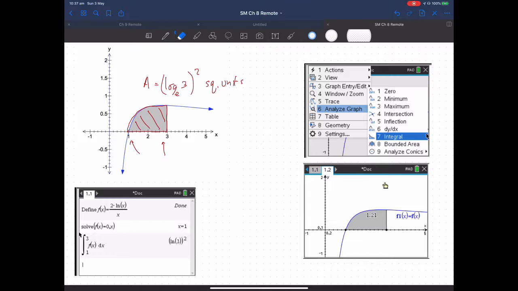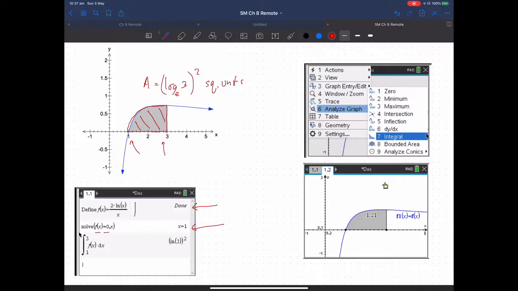You could have done this in a number of ways involving your calculator. So one way I have done it was I defined the function f(x). f(x) equals 2 times log e of x over x. Enter, done. I have then asked the calculator to solve when f(x) is equal to 0 to find the x-intercept.